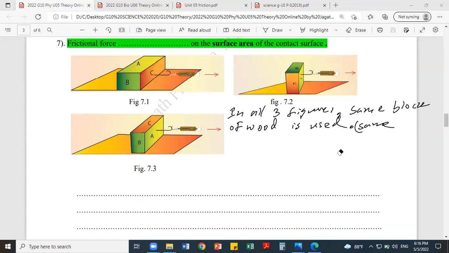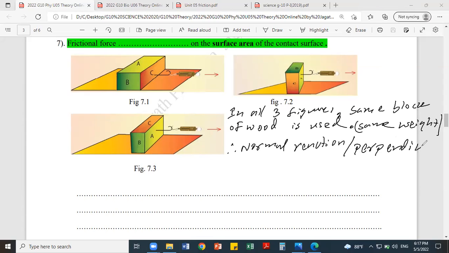So in this, I'll write same weight. That means the normal reaction, or the perpendicular reaction, does not affect here, because it is the same perpendicular reaction.